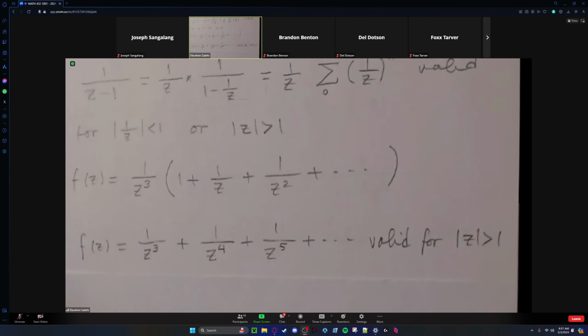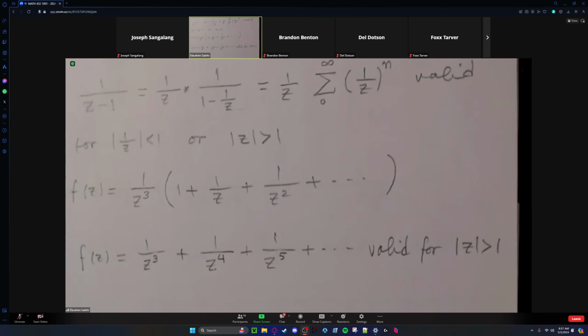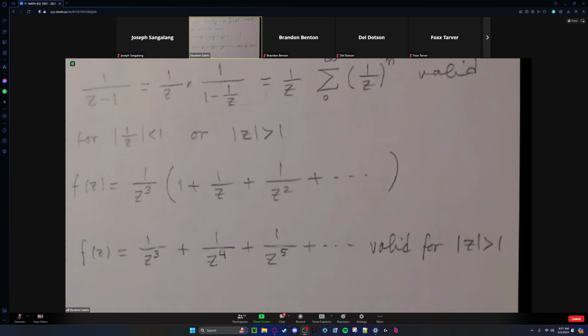So if you write the Laurent series of a function, and it just happens that you only get all negative powers of z, that's perfectly fine. Any question about this second example?